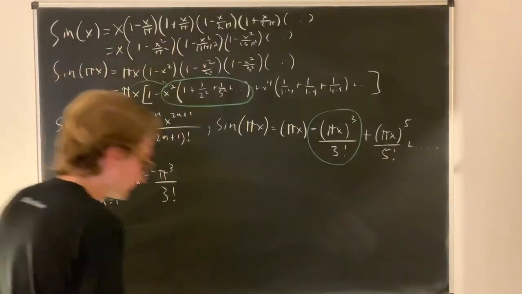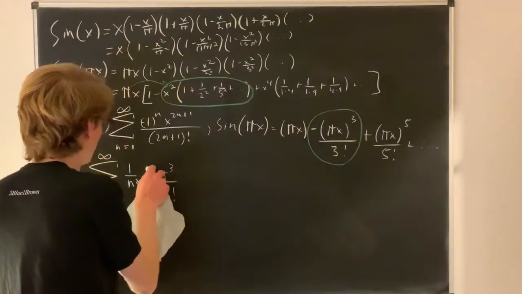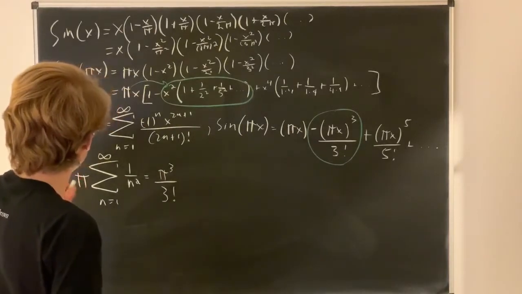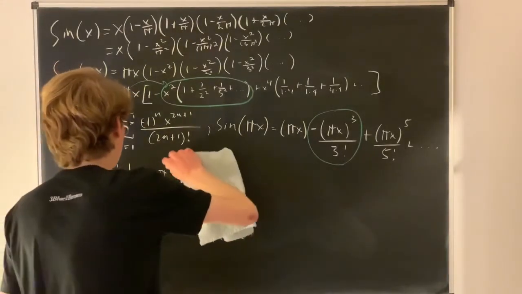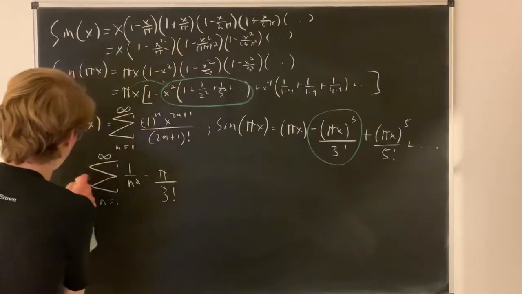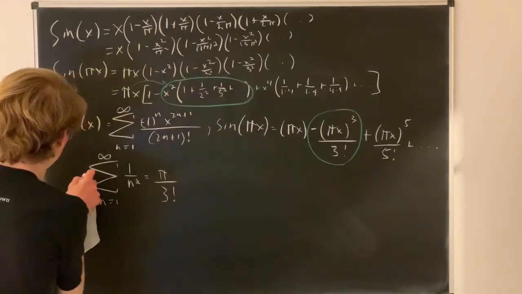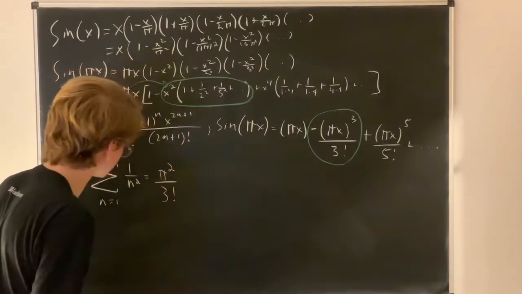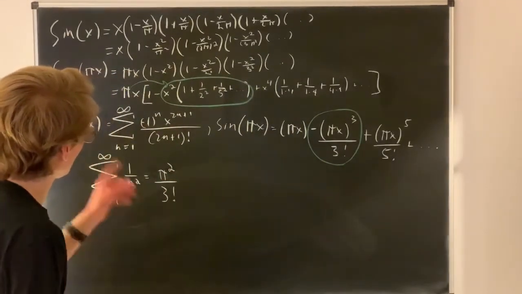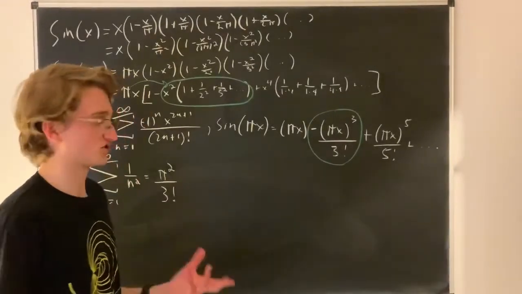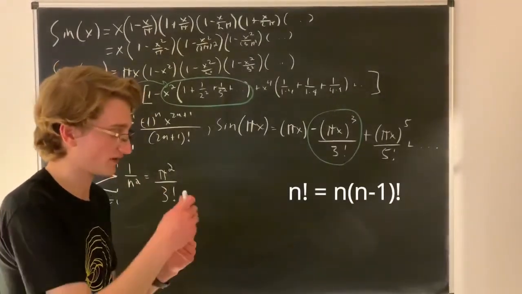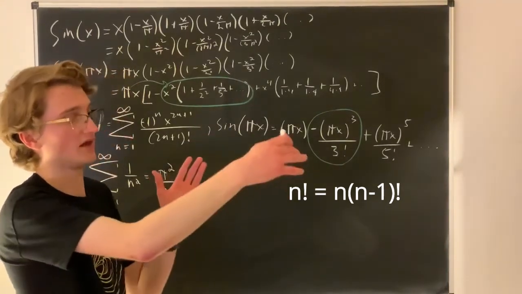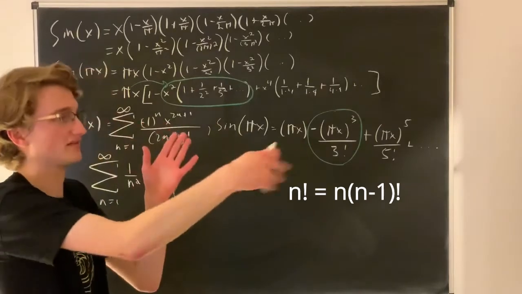Now we just do some simple algebra. We want to get rid of this negative sign here, and then we want to get rid of this pi, therefore make this go away. It's only squared. And now 3 factorial. With factorial, you're simply going from your number n times n minus 1 times n minus 2, and so on.